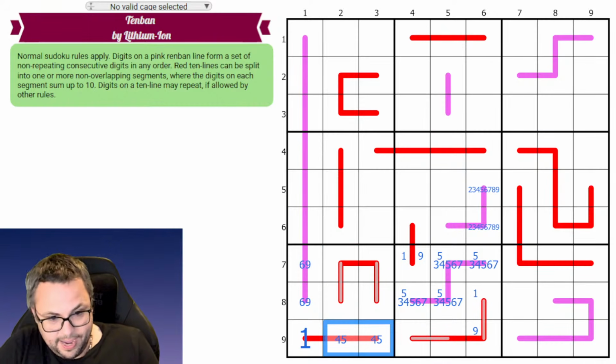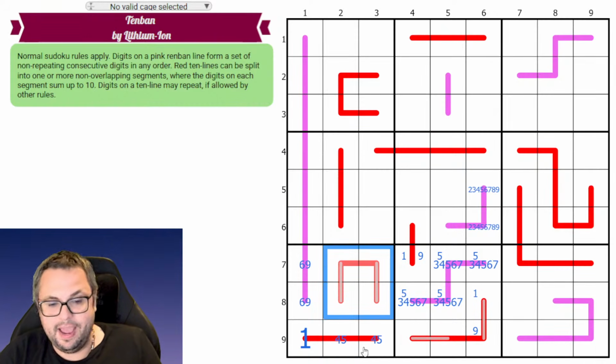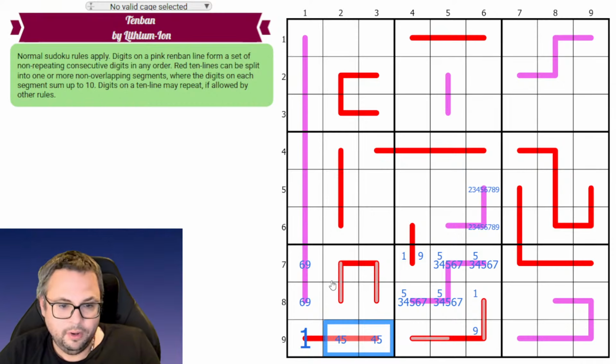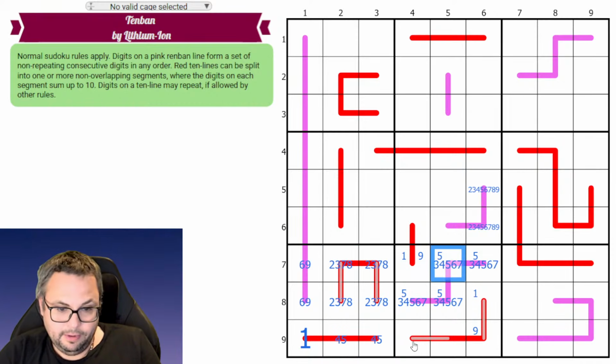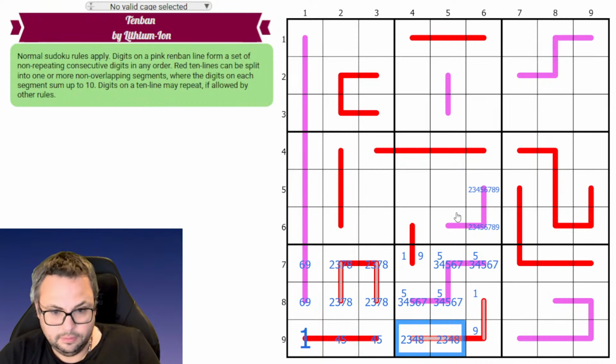So this is 4, 5. And I guess I also could have just said the 5 has to go over here, so it goes with the 4, whichever way you want. These are 2, 3, 7, 8. Okay, so this is a 2, 3, 7, 8 as well. Should probably write the actual 7.